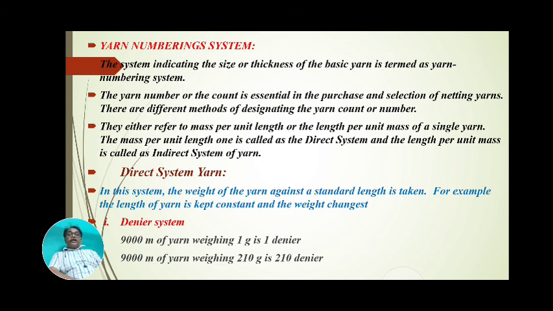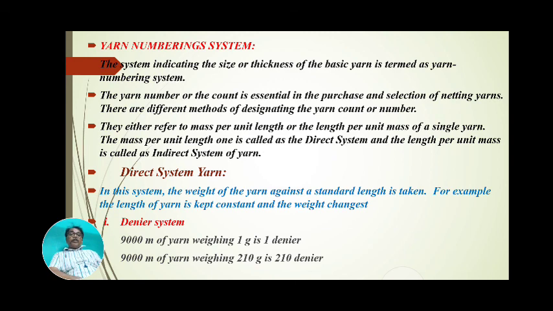There are different methods of designating the yarn count or numbers. They are referred to either as mass per unit length, or length per unit mass of a single yarn.